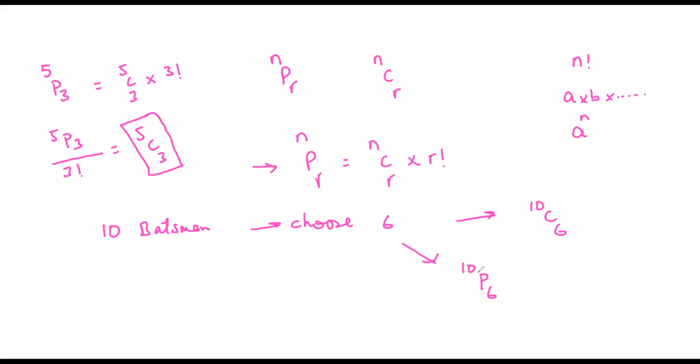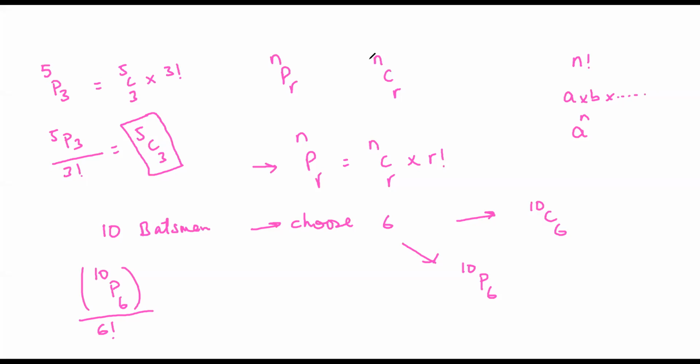If you then see that you don't need the order, you will divide that by 6 factorial, because you only need to know what the batting combinations are, not the batting orders.